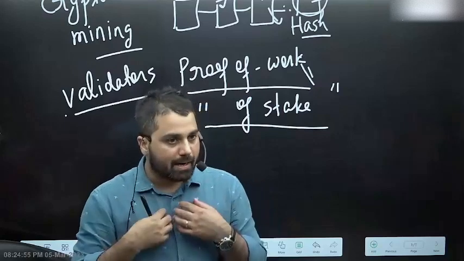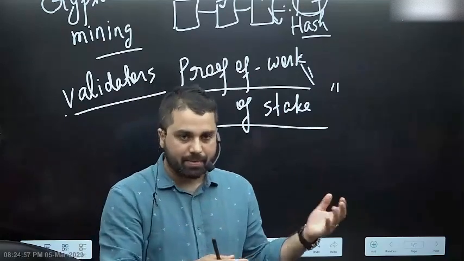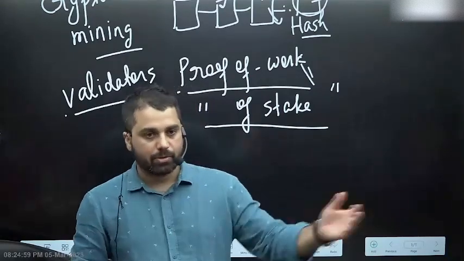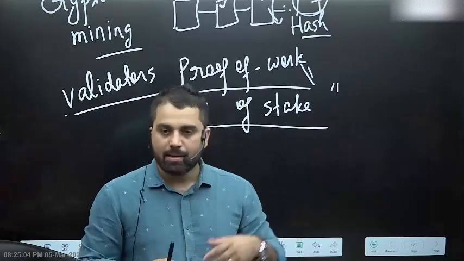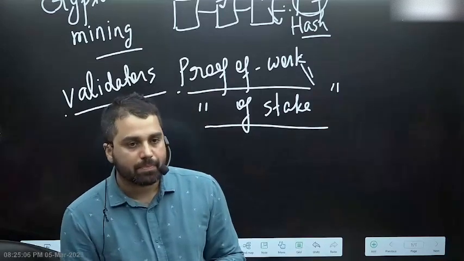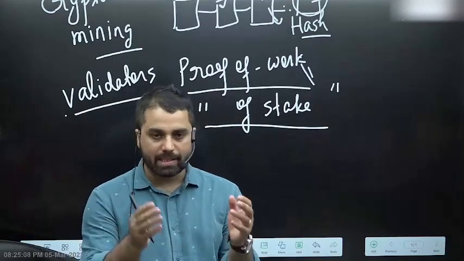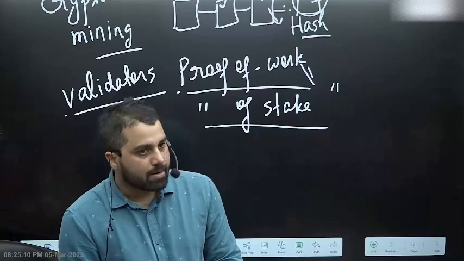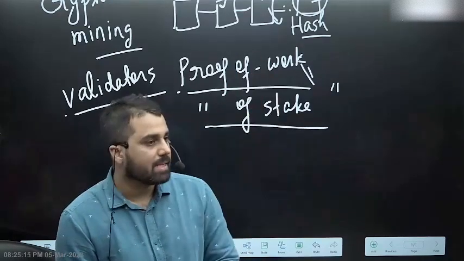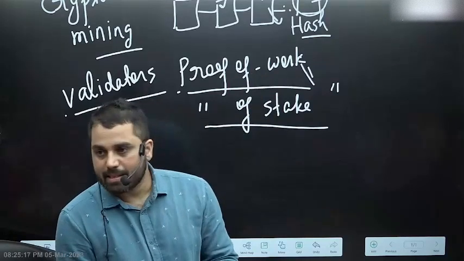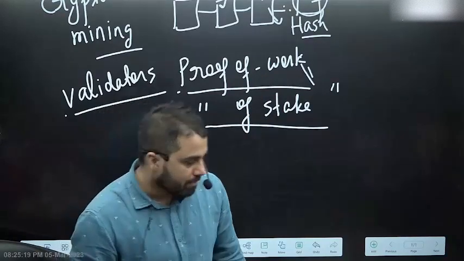But to become a validator, you have to stake some of your coin. If you have done your job honestly, you get your stake plus reward. If you do not do your job honestly, your stake is going to be lost. So it is an alternative approach which significantly reduces power and still does not require any third party authentication mechanism. So it is still a decentralized way to achieve blockchain technology.